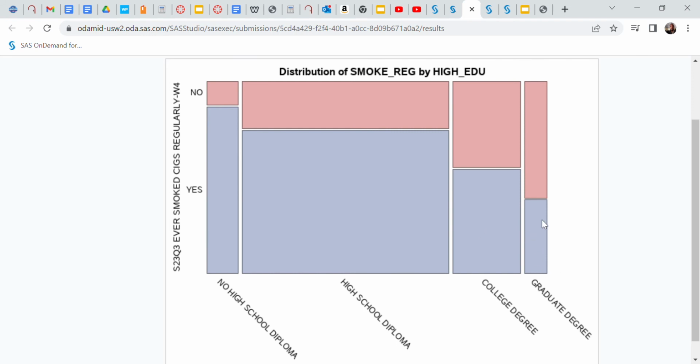People who have completed a graduate degree do not smoke as regularly as non-high school, or what we would call non-educated, but that does not mean you're not educated. We're talking about certified, you finished your paperwork, your coursework, educated. All right, so hopefully you can see there that there is an association between your education level and if you smoke regularly or not.